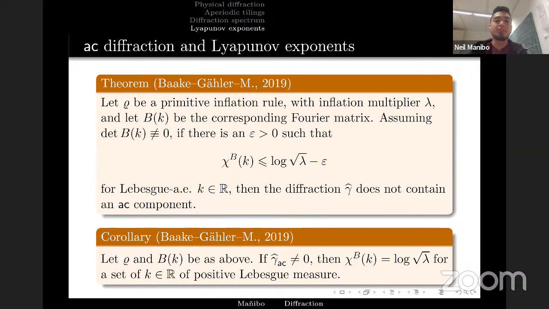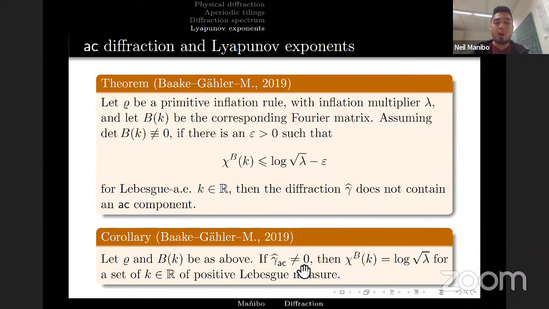So you have a minimum exponential growth rate, which is not compatible with the measure-theoretic properties of the Radon-Nikodym density. Likewise, the contrapositive: what if you have a non-trivial component? If you have an inflation rule and this Fourier matrix as above, and a priori you know that you have a non-trivial AC component, then it must be that the Lyapunov exponent is exactly log root λ for a set of parameters of positive Lebesgue measure. Because otherwise you get this one.